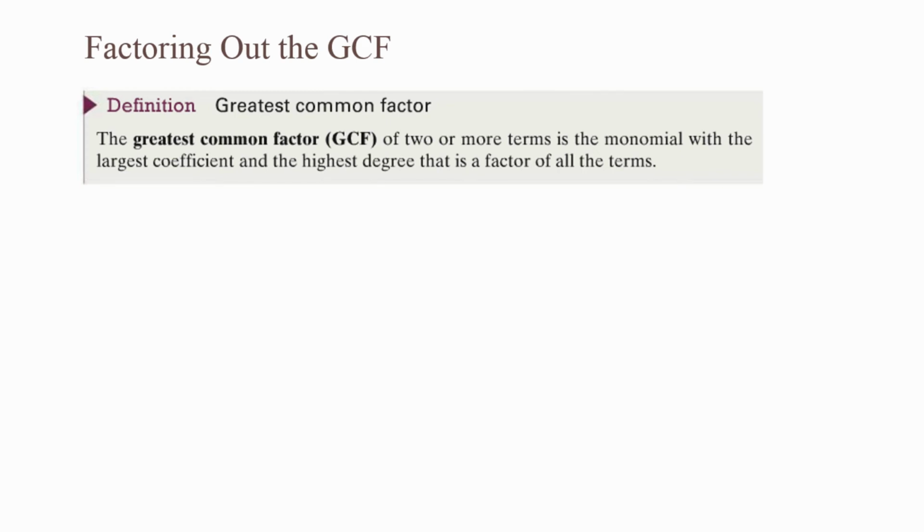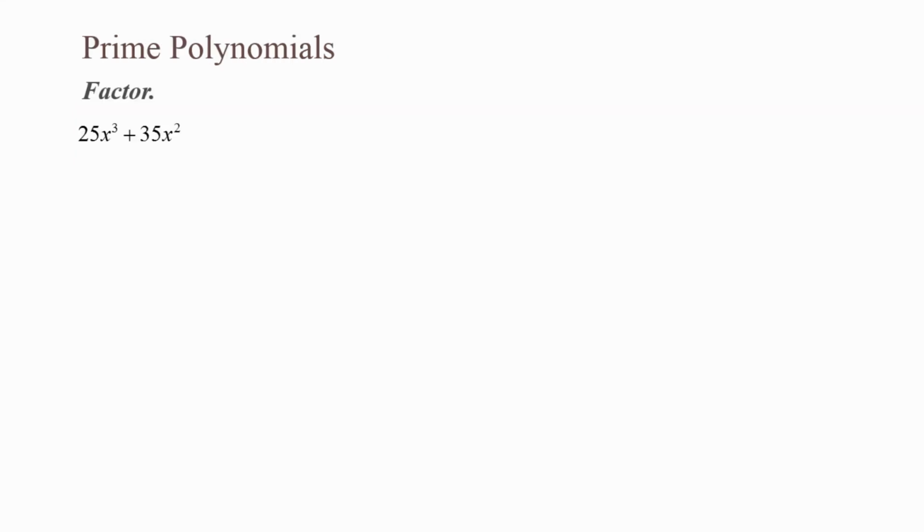Factoring out the GCF. The greatest common factor, referred to as GCF, of two or more terms is the monomial with the largest coefficient and the highest degree that is a factor of all terms. For this example, we want to factor 25x to the third plus 35x squared.